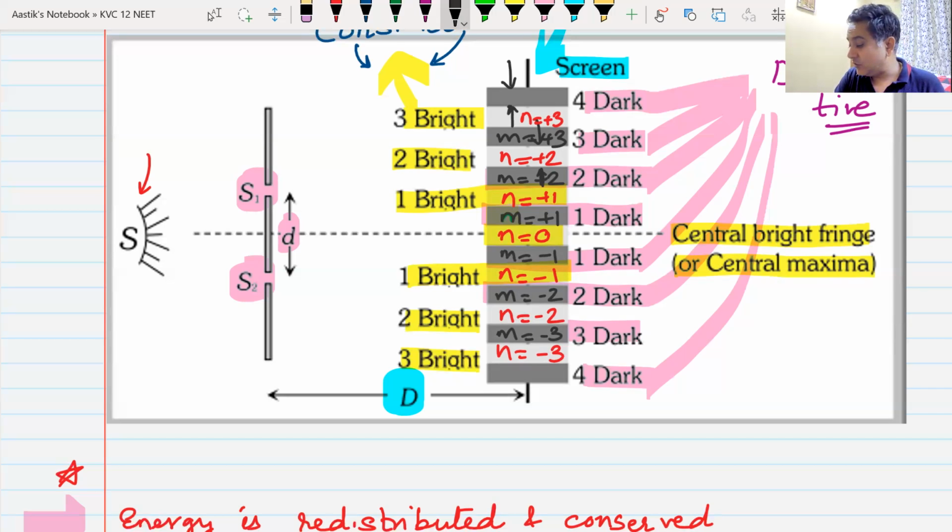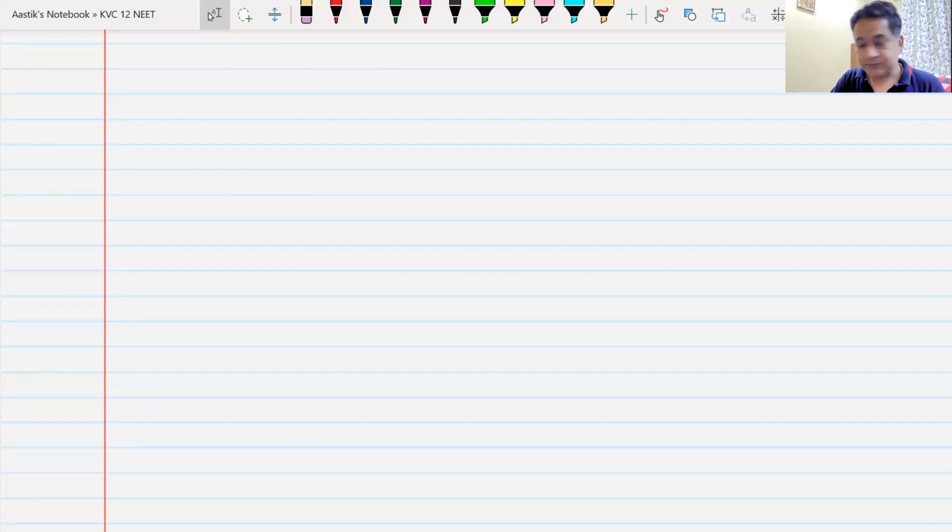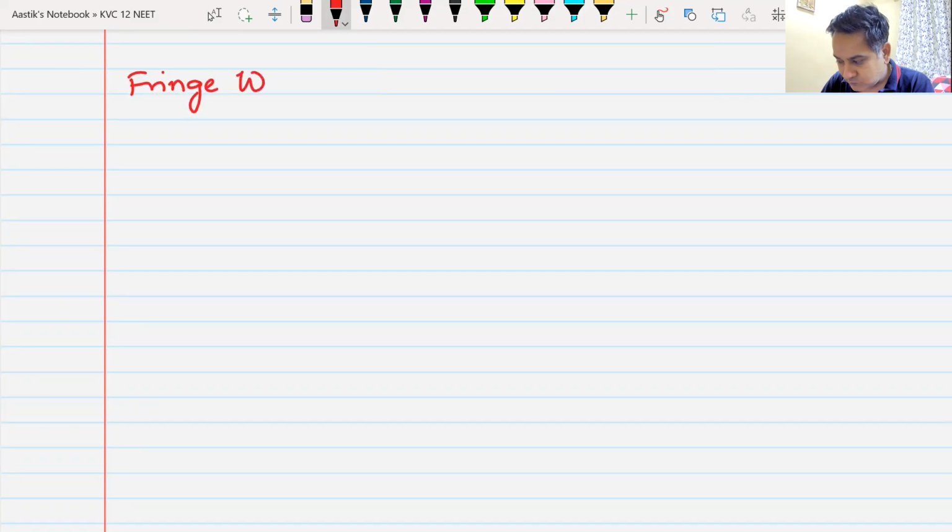We will just note down the important points. What are the important points? Before going into important points, let us do one more thing, which is known as fringe width. What do you mean by fringe width?